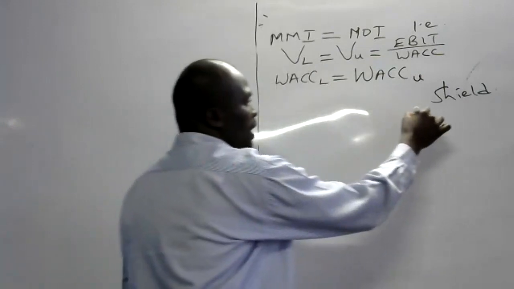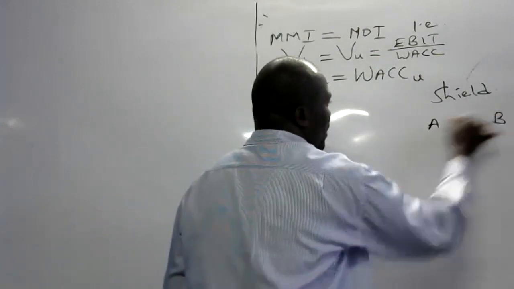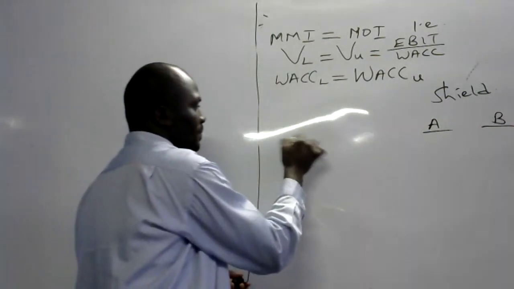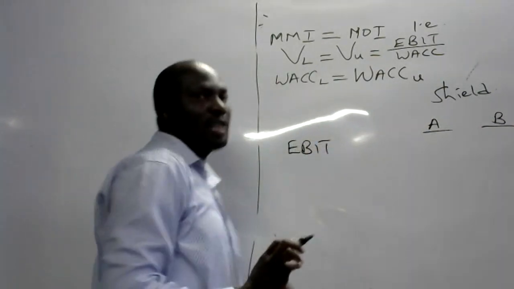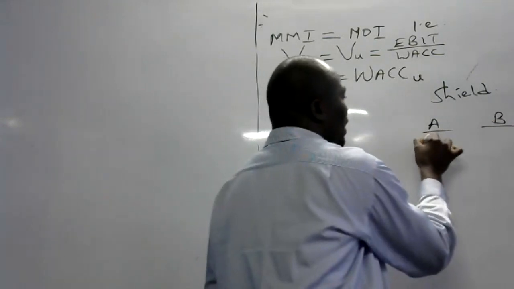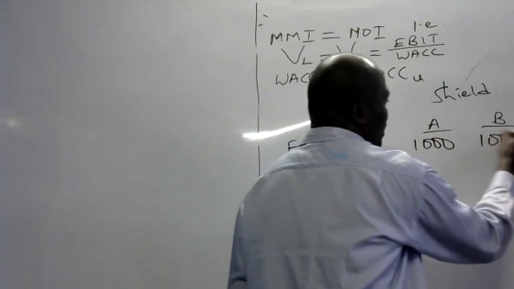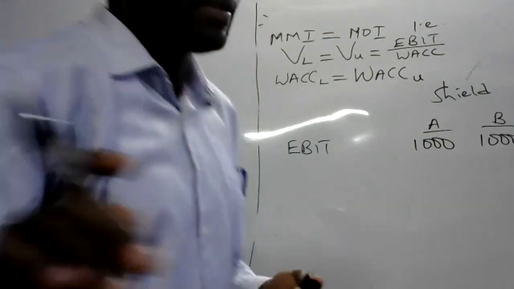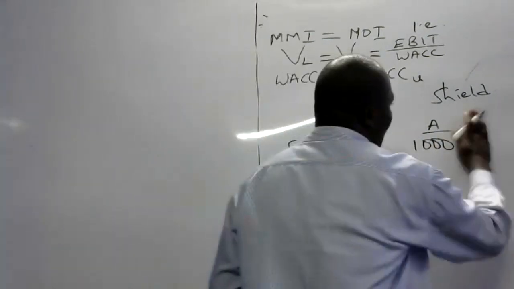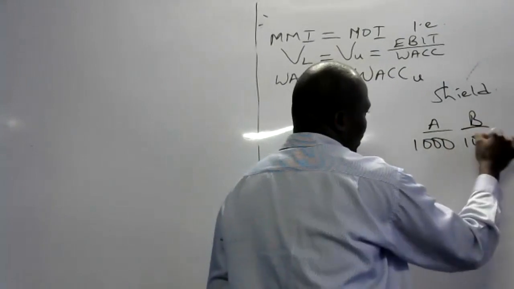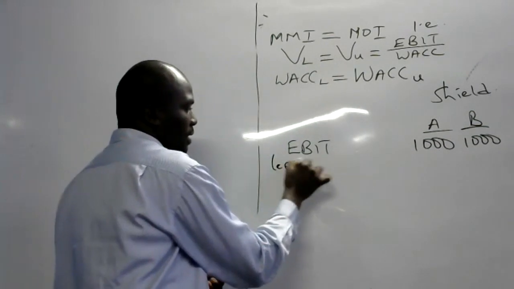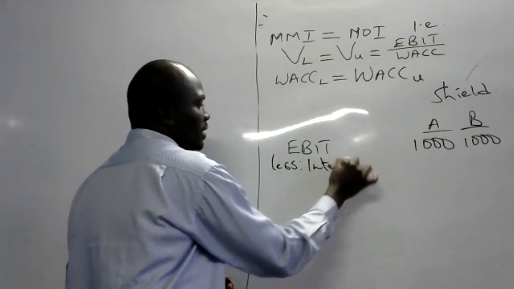Now, I want us to look at company A and company B. We just start from EBIT. Assuming both companies have EBIT of 1,000. You're supposed to less interest.